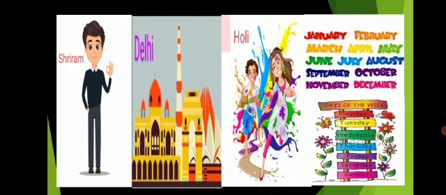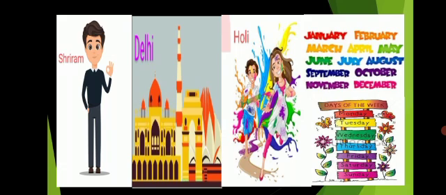Any festival name like Holi, Diwali, Guru Parab, Eid, Christmas, they all start with capital letters. Names of months like January, February up to December start with capital letters. Names of the days of the week also start with capital letters. So kids, that's all about capital letters.